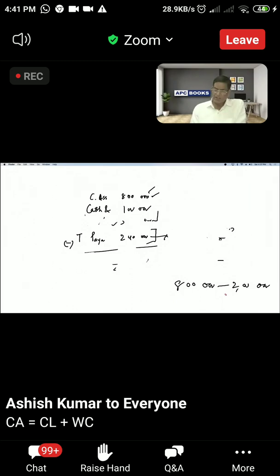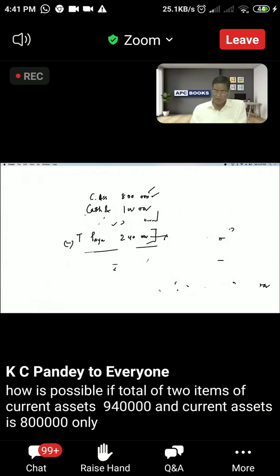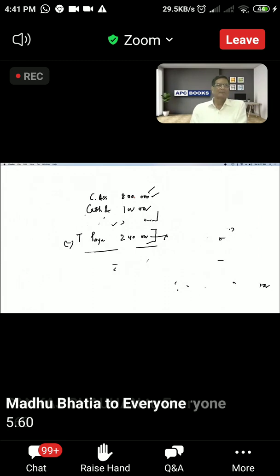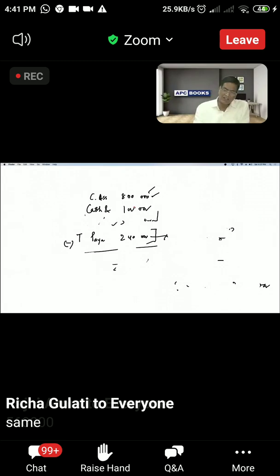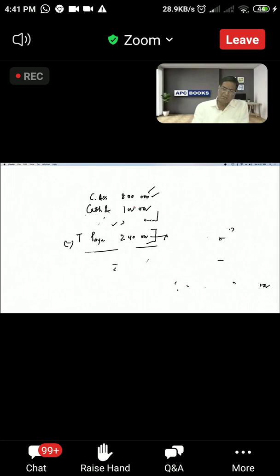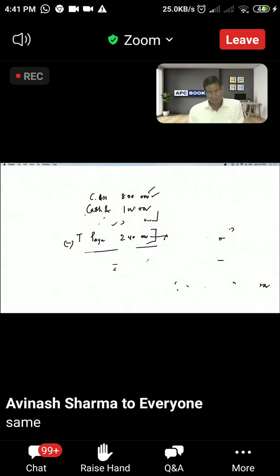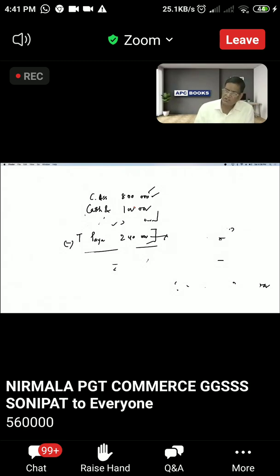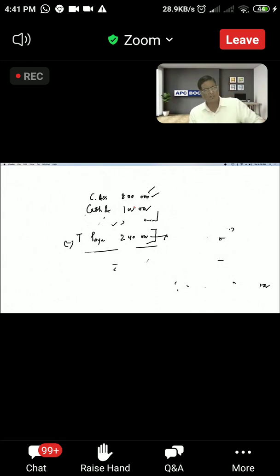What is working capital? Simple. 8 lakh minus 240, because cash equivalents are already included in the current assets. Current assets minus trade payables. So that was illustration number 3. You teachers are requested to frame your own questions based on these questions and give them to your students.